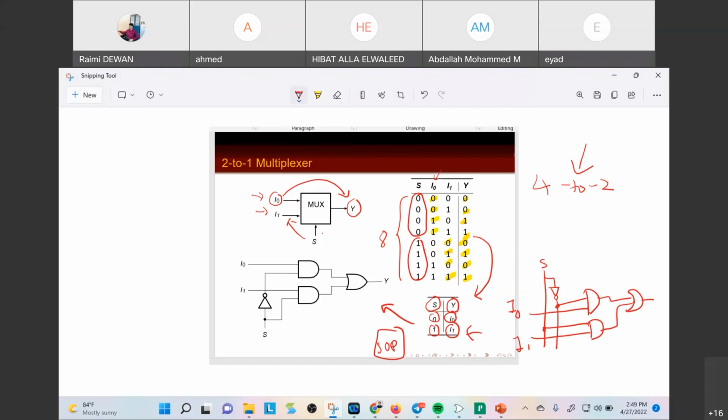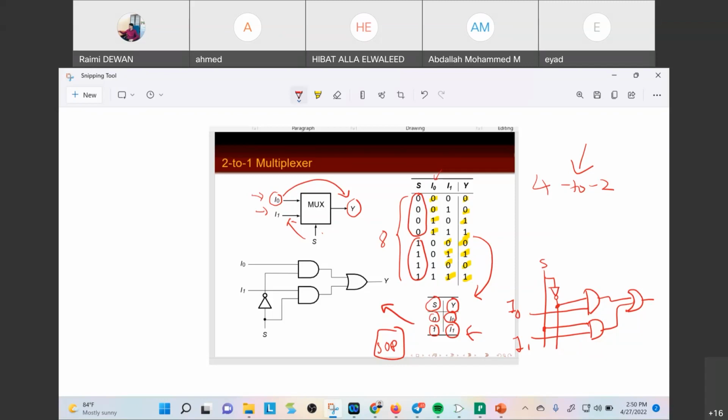Where is the page? Multiplexer. Okay, you can refer to page number 101. There is 8.1 multiplexer. Then you can see in the second paragraph the way we name it.